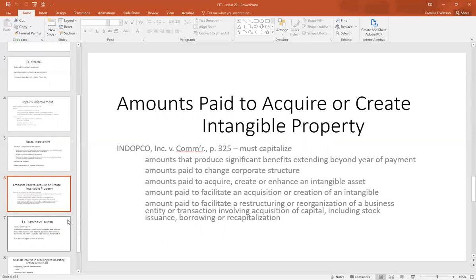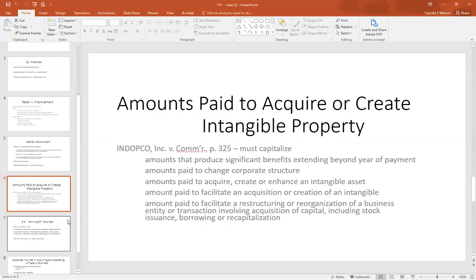Now, note that after this takeover, National Starch was a wholly owned subsidiary of Unilever, the acquiring company. National Starch also tried to deduct some miscellaneous expenses too, such as accounting, printing, proxy solicitation, and SEC fees in connection with the takeover. The service disallowed these deductions, stating that they were capital expenses, and the tax court agreed, as did the Third Circuit.